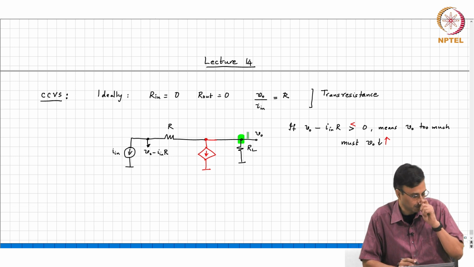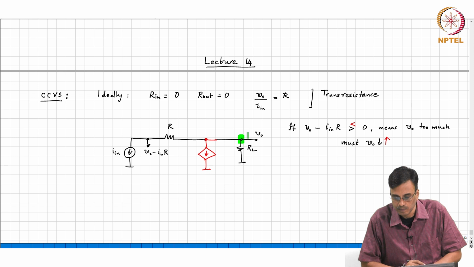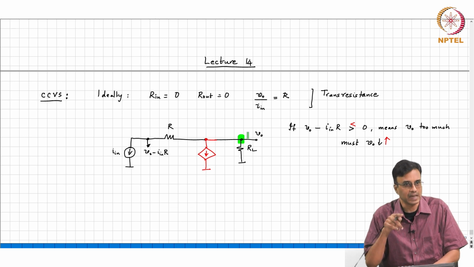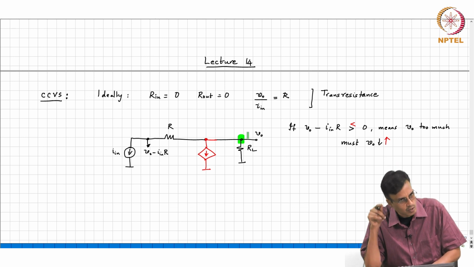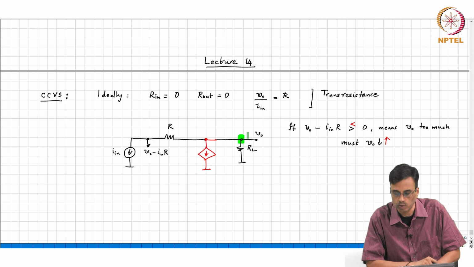Earlier, in the context of using an op amp, we used a variable voltage source at V naught, but now we recognize that it is also possible to do it with a variable current source, because if you want to increase the potential of a node, you pump in current. If you want to reduce the potential of a node, you drain out current from that node.